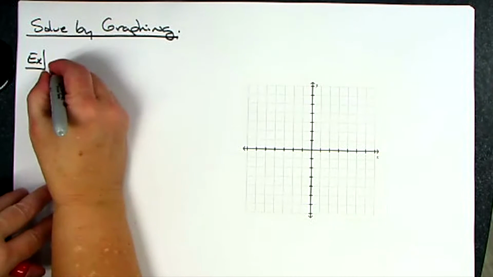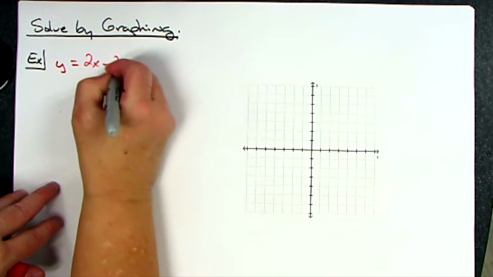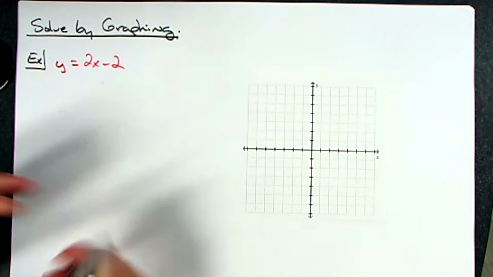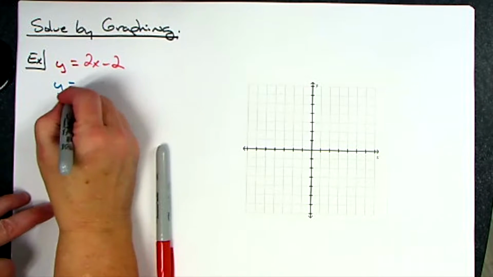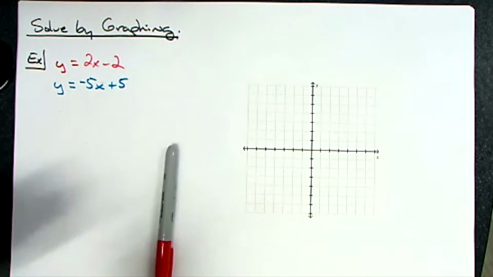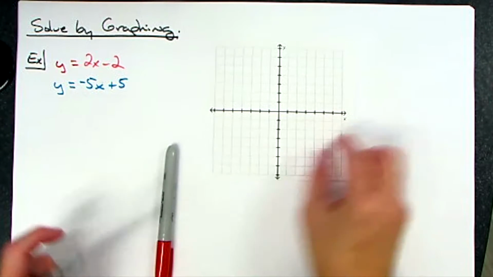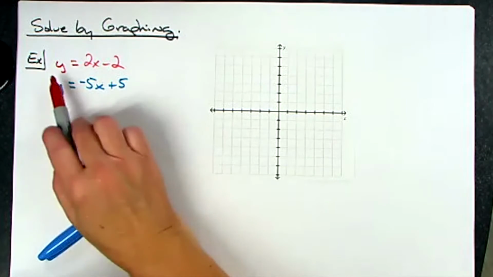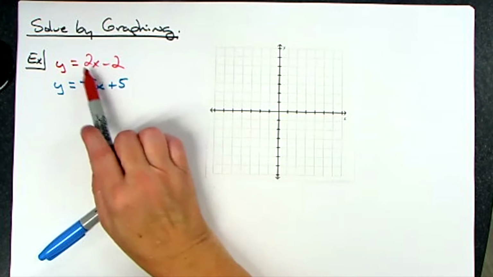Okay, so if I do a red one that's y equals 2x minus 2, then I clearly am going to know which one I'm screwing up on here. Let's do a blue one that is y equals negative 5x plus 5. Slope intercept form, we start with the y-intercept and then run the slope.